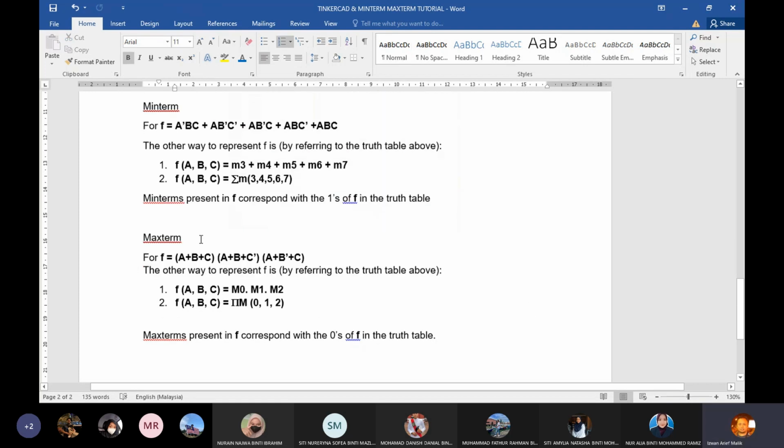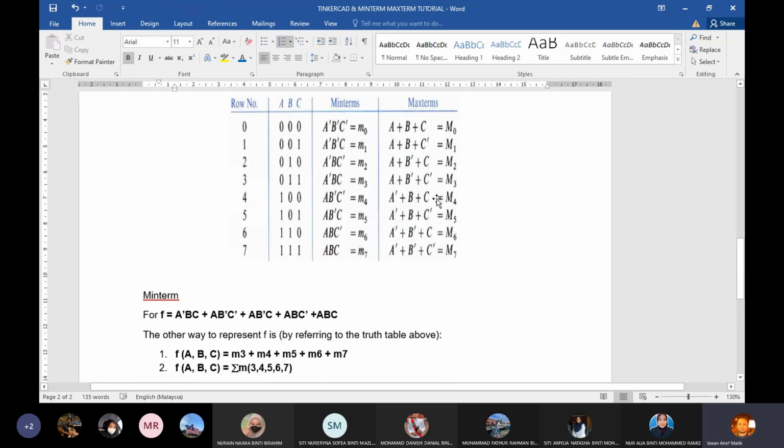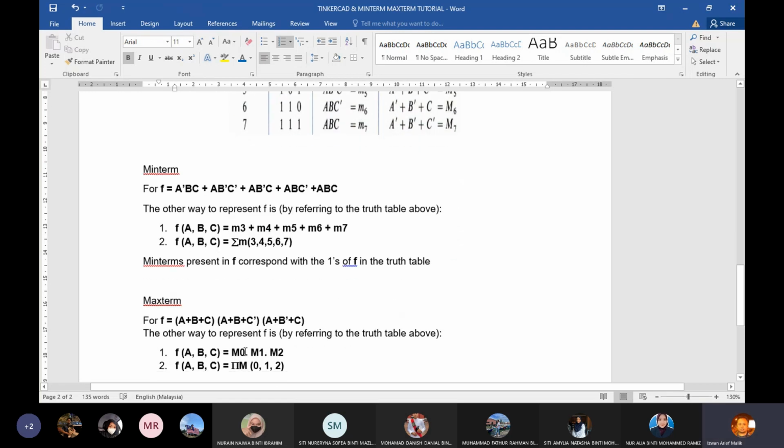Okay, kalau Maxterm, example you are having this equation here, F equivalent to A plus B plus C multiplied with A plus B plus C bar multiplied with A plus B bar plus C. So how do you represent them? A plus B plus C is actually here, which is M0. M dia huruf besar. So you letak M0. Okay.